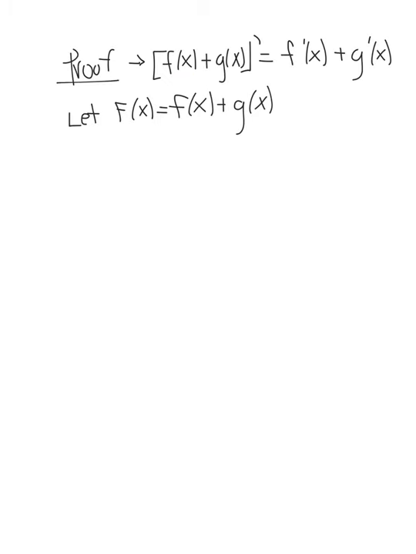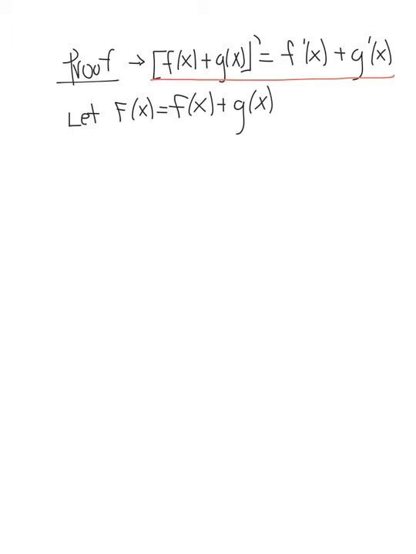As I'm starting this proof, I did just want to remind you that the whole goal of this proof is to get the left-hand side to equal the right-hand side. So if I'm attempting to prove this, the first thing that I'm going to do is say let capital F of x equal f of x plus g of x.